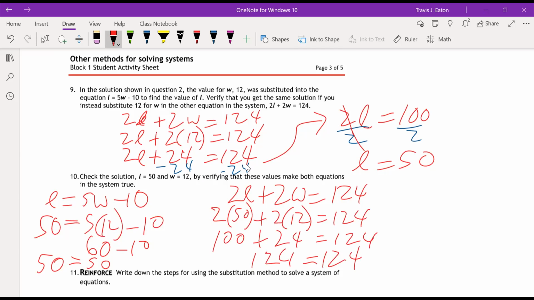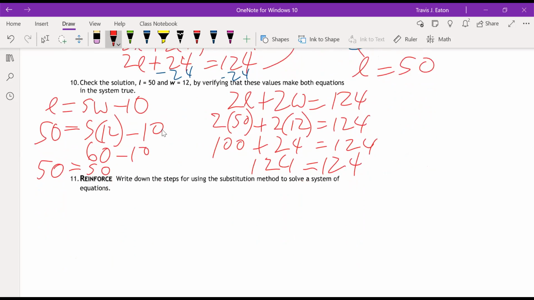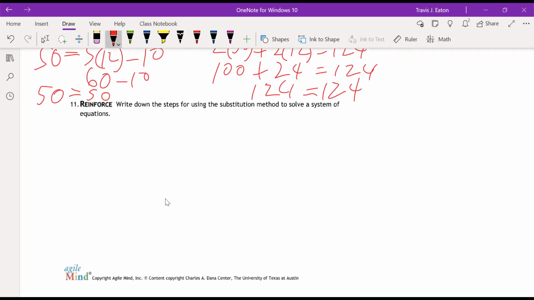So moving along to question number 11. It says, write down the steps for using the substitution method to solve a system of equations. All right. So let's go back and review the steps, okay? I'll type this. That'll make it easier. Okay, let's review the steps. Step 1.